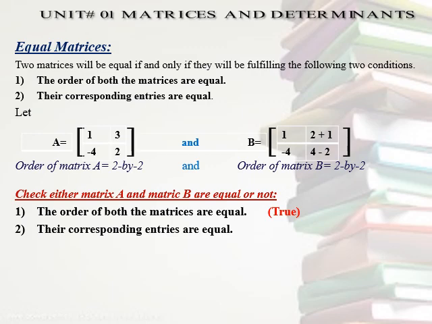Now the third entry of matrix A is -4 and the third entry of matrix B is also -4. The fourth entry of matrix A is 2 and the fourth entry of matrix B is 4 minus 2, which is equal to 2. So our second condition is also true. Thus A is equal to B.